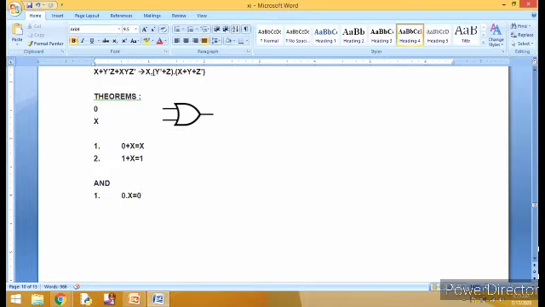And the second time, if it is 1 dot x, then what will you get? x. You will get x. So this is the important one.